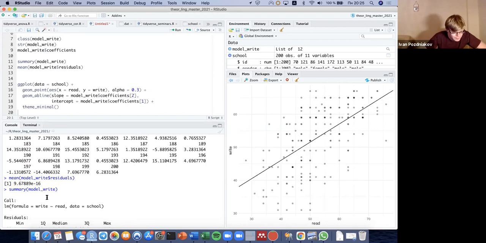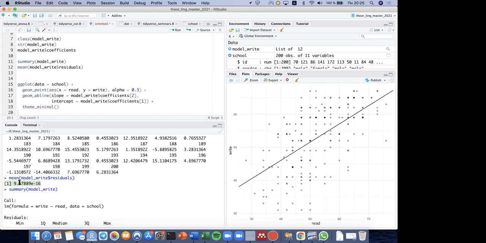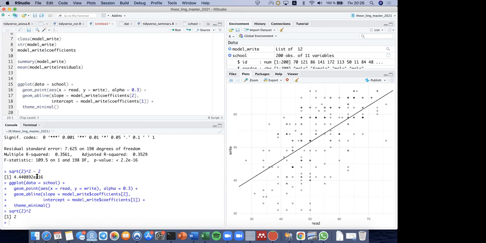So e minus 16 means 0.0000000000000001 with many zeros. The computer first tries to find the square root of 2 with some precision, which is actually not possible, then it multiplies this number which it found by itself, and then it subtracts 2 and gets a very small number. It cannot do this without finding the precise value of the square root of 2.